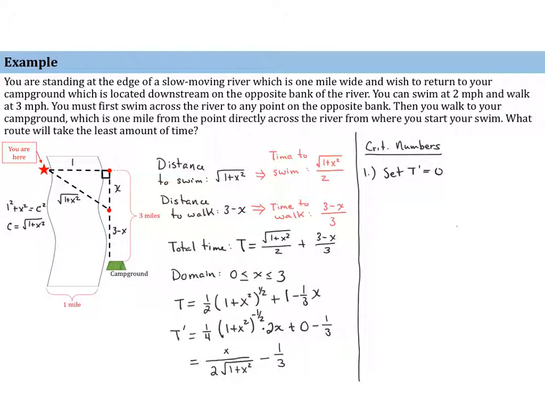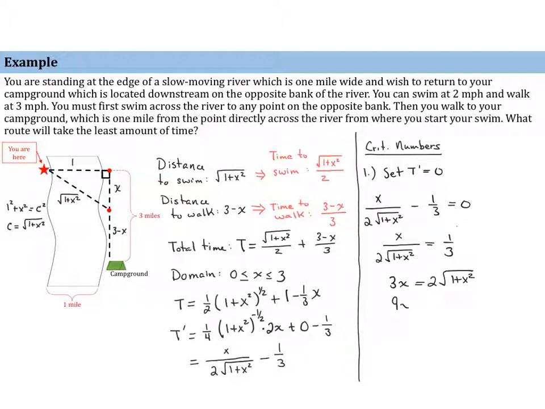So if we set t prime equal to 0, we get x over 2 square roots of 1 plus x squared minus 1/3 equals 0. If we set this up so that it's a fraction equal to a fraction, in other words, a proportion, we have this expression where we can cross multiply. So 3x equals 2 square roots of 1 plus x squared.